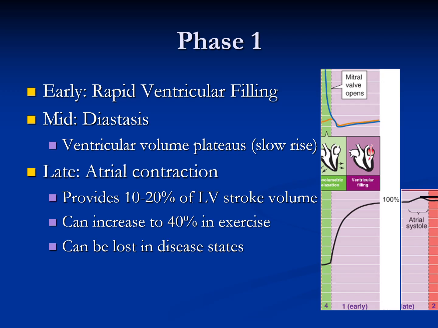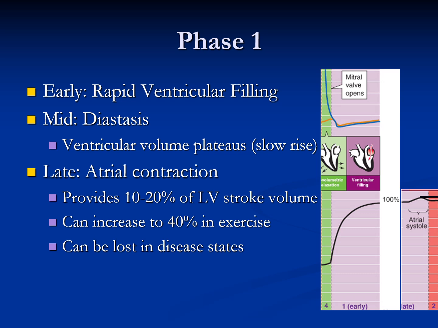As you see, it's not a straight line. It has a very steep early portion. So very early filling of the ventricle. And therefore, during phase one of the cardiac cycle, ventricular filling is not a homogeneous phase.